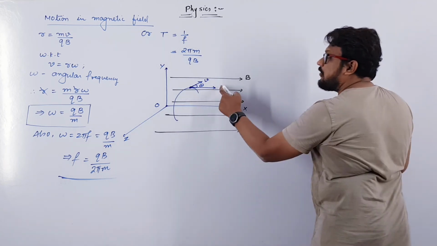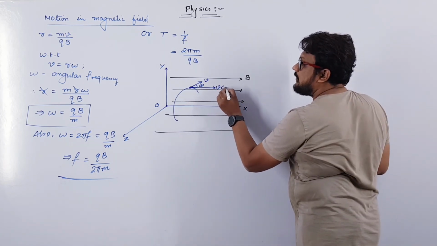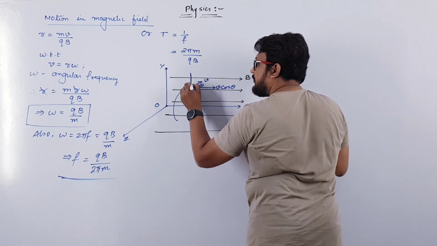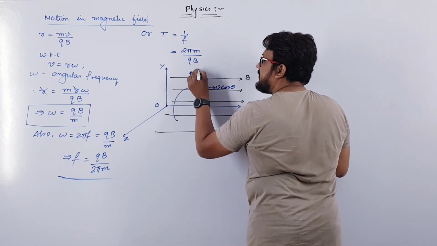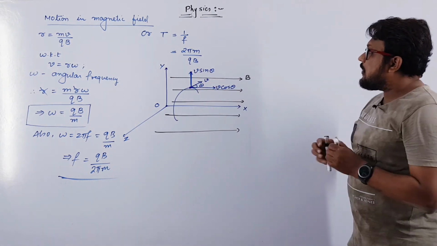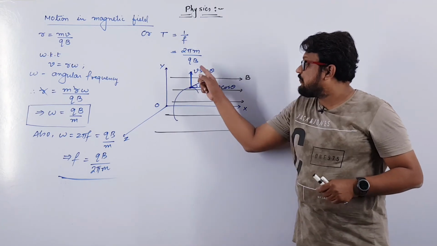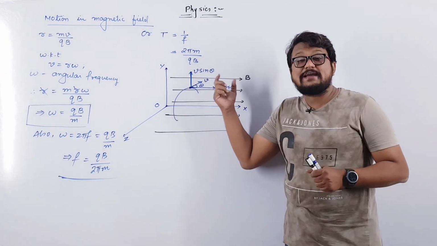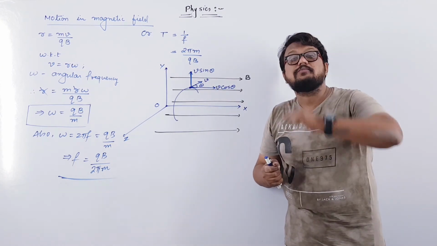So this component of velocity will be v cos theta. On the other hand, this will be the component of velocity which is v sin theta. Clear? Now you can see that v sin theta is perpendicular to the magnetic field. Due to this velocity v sin theta, the particle will perform circular motion, right?